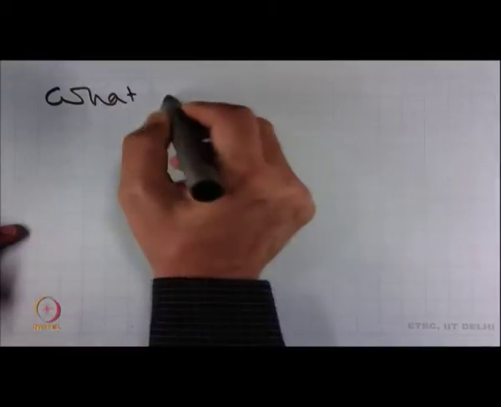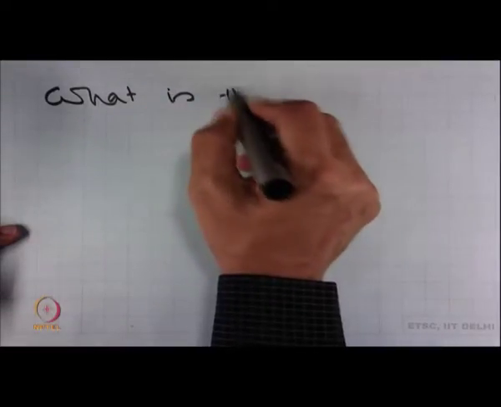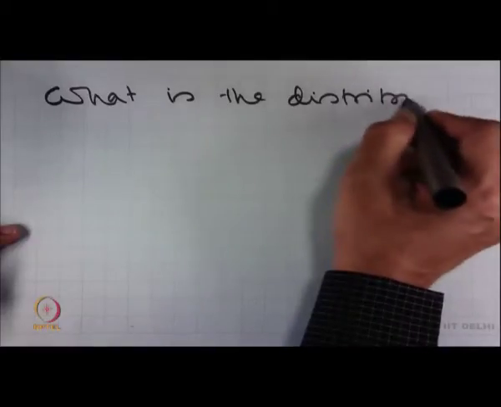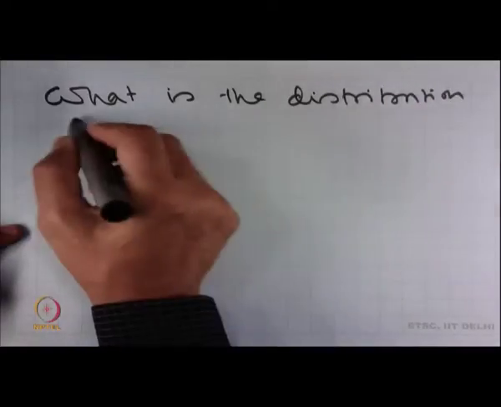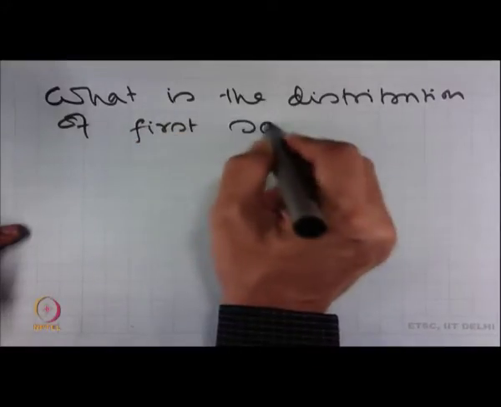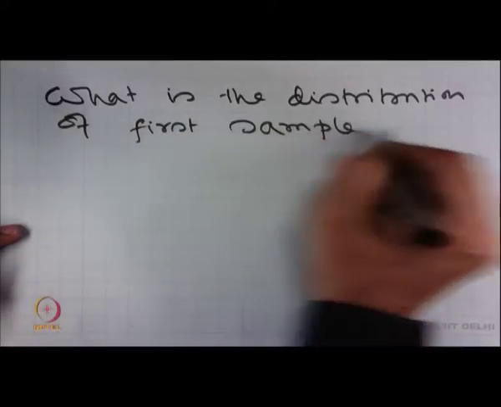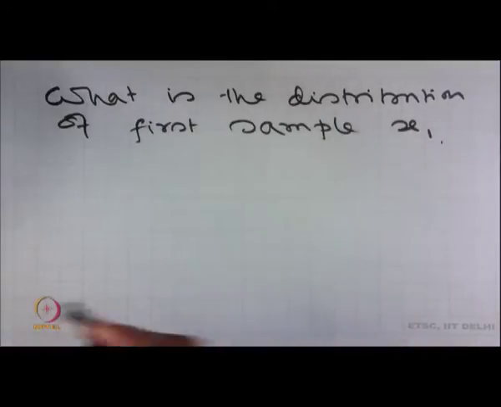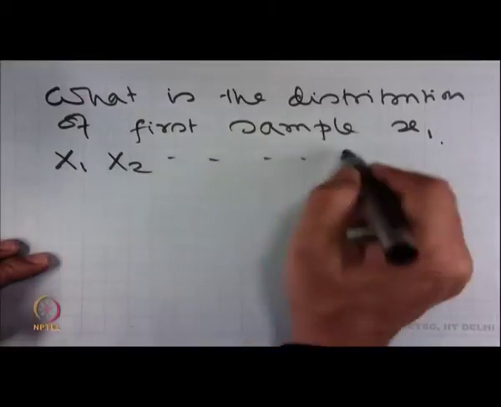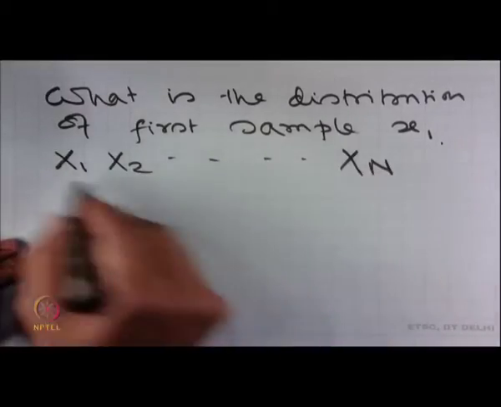Therefore, let us look at the distribution of the first sample. So, you have x1, x2, ..., xN as the population.